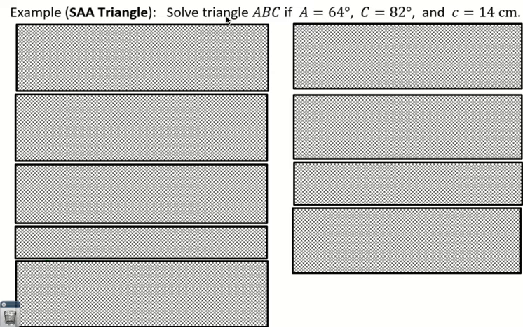It's just saying solve the triangle, and what that means is find everything else. Find all of the missing sides that are not known and all of the missing angles. In this case, there's just one missing angle, which we'll get to in a minute.